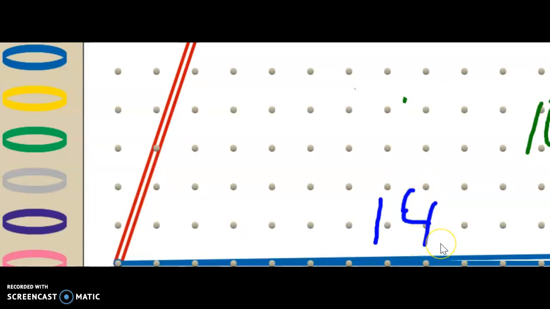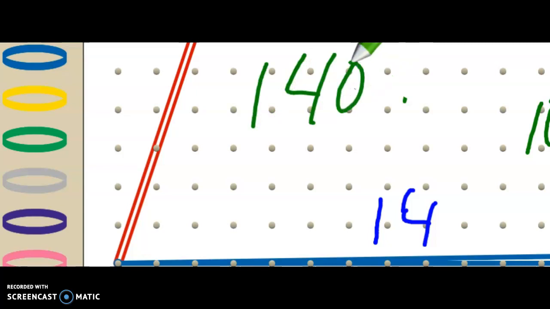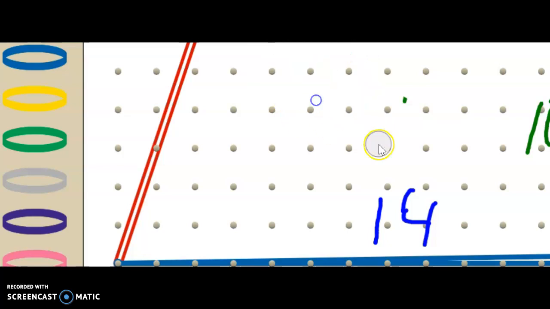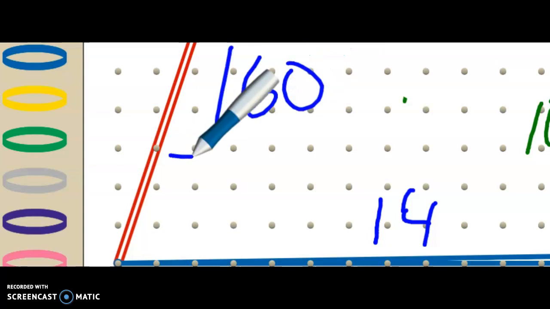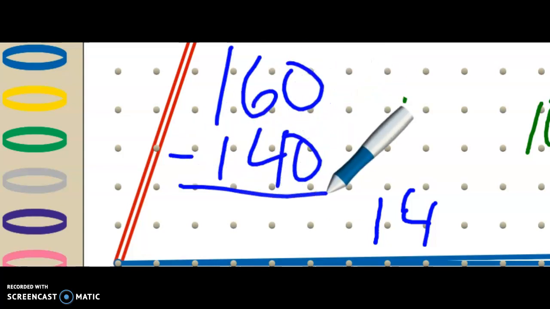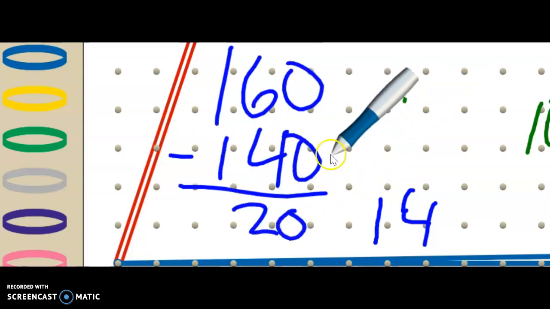So we know that our parallelogram, 14 times 10, is going to give us 140. So then we need to find out what is the difference between our 160 and our 140? So we have 160 minus 140, which is going to give us 20.